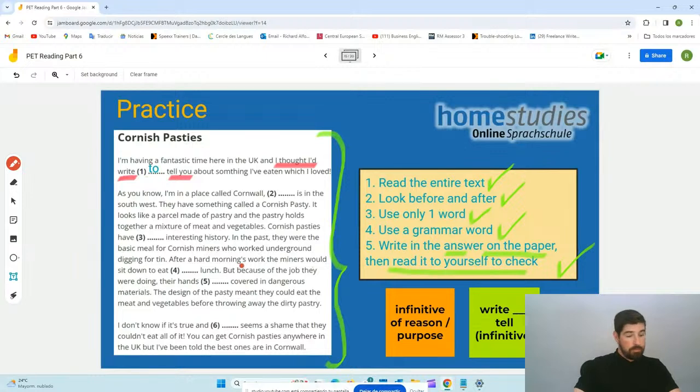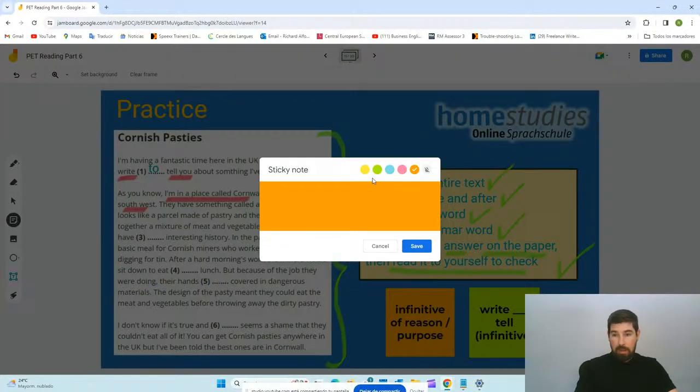Now again, moving on to the next one, which we'll do together. All right, we look at our before and after. I'm in a place called Cornwall. We have a comma, which is important, because after a comma, you get a certain grammatical structure. Something is in the southwest. Now, I'll write it in the blue.